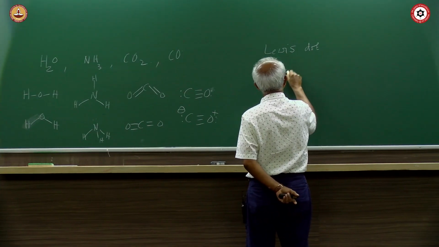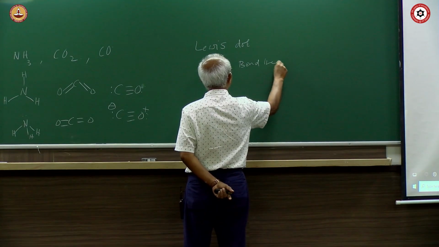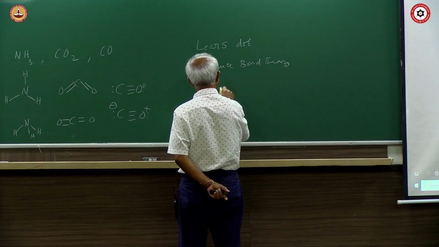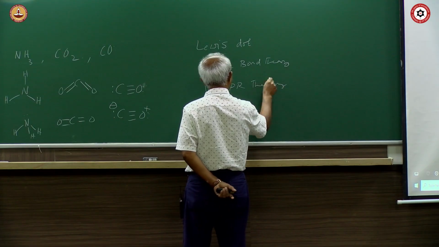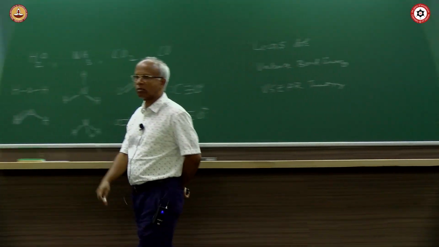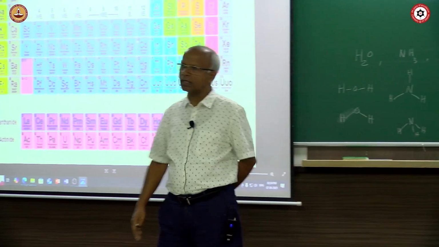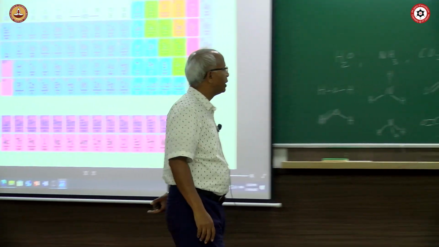Valence bond theory. Then you have VSEPR theory. This is to explain the structure and bonding of simple molecules, or even I want to use it for other molecules also, but there is a limitation.